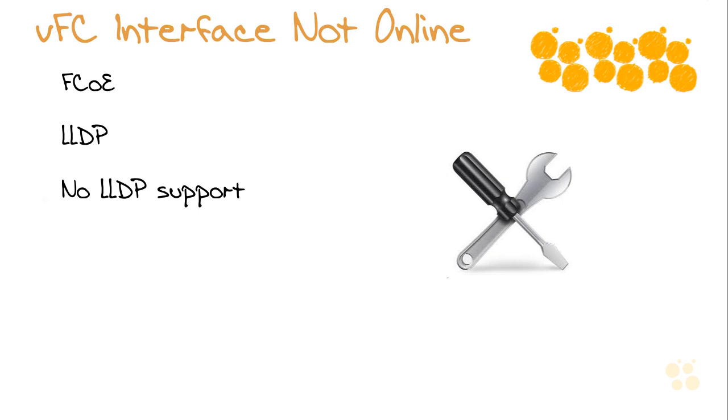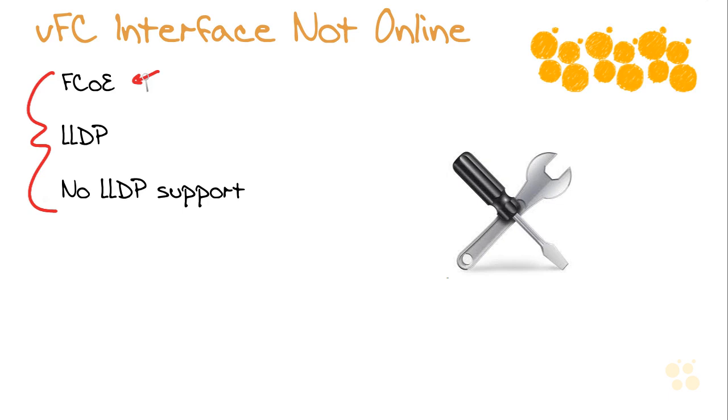Bunch of possible causes here, and I've listed them for you. The first is that your fiber channel over Ethernet attached server has no connectivity to fiber channel or to your fiber channel over Ethernet attached storage. So show interface for the virtual fiber channel interface that's mapped to this server would reveal that your status is down.